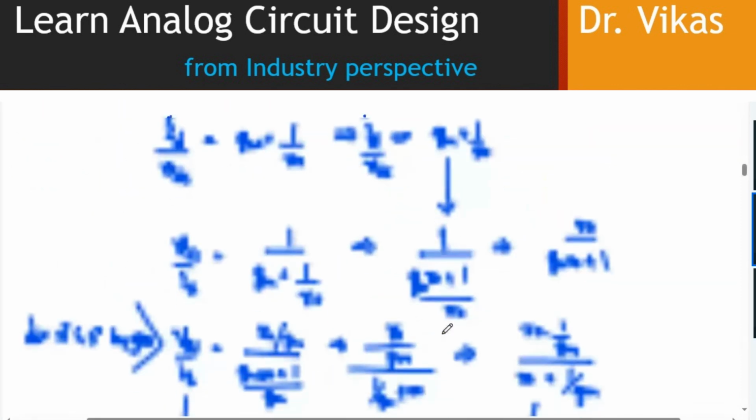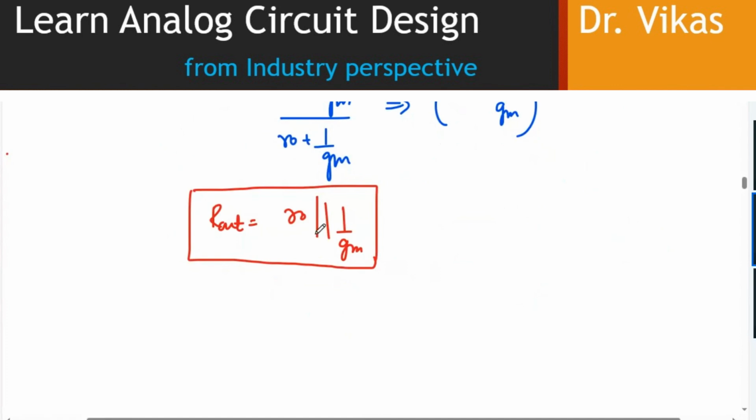So possibly that would make this entire thing R naught parallel RD parallel RL parallel 1 by Gm. So there will be four resistances. Here I have not taken that, but practically if those scenarios come, you can take that also. So this is basically how your R out would come into picture, and how we calculate the output resistance.